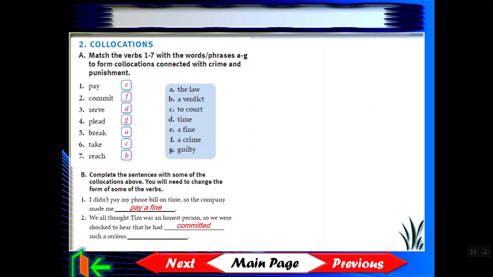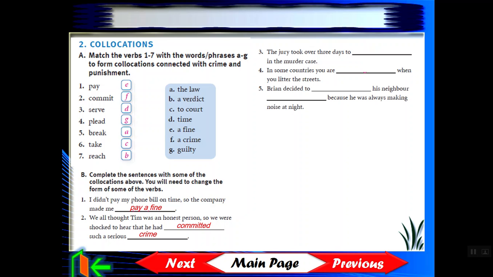Okay, the next one. We all thought Tim was an honest person, so we were shocked to hear that he had committed such a serious, of course, a crime. And then number 3, the jury took over 3 days.